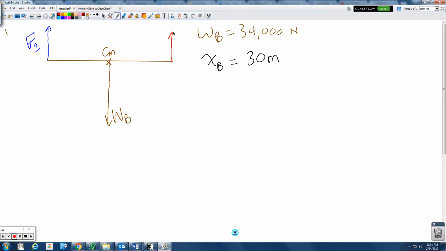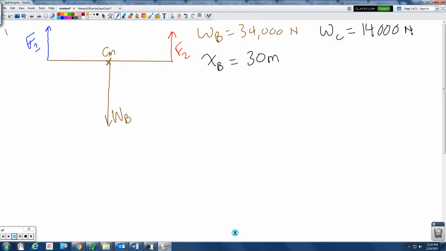I don't know what the forces will be, so I'm just drawing vectors of any length. But pier number 2 on the right is going to be red. And we know that there is a 14,000 newton car, 30 meters from one end. So we know that there is a weight of the car, WC, which is 14,000 newtons.